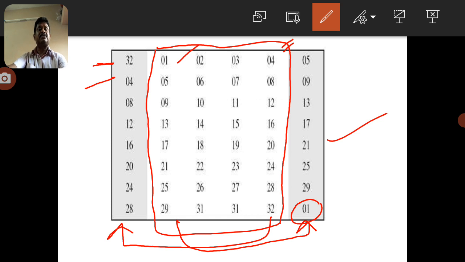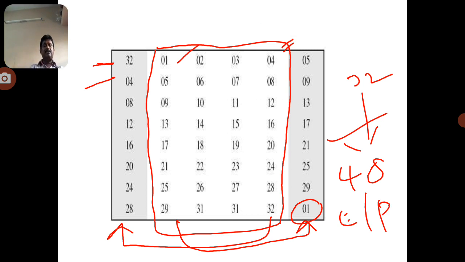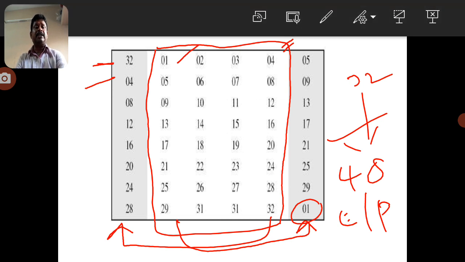The remaining are the same: 5, 9, 13, 17, 21, 25 and 29. So this is the technique which converts the 32 bit data into 48. This is the expansion permutation, and we can convert the 32 bit into 48 bit data.